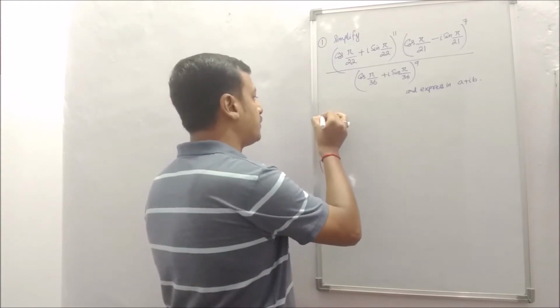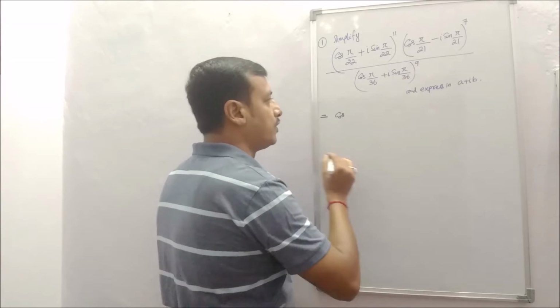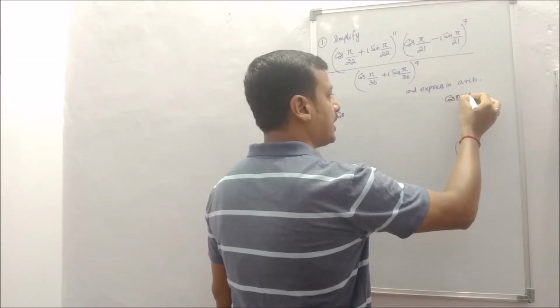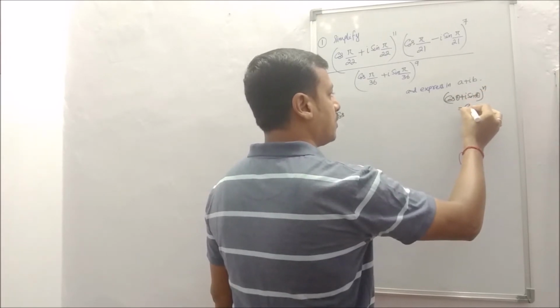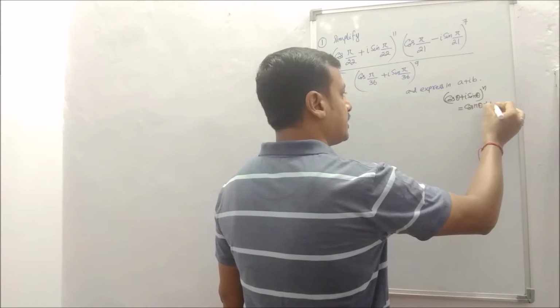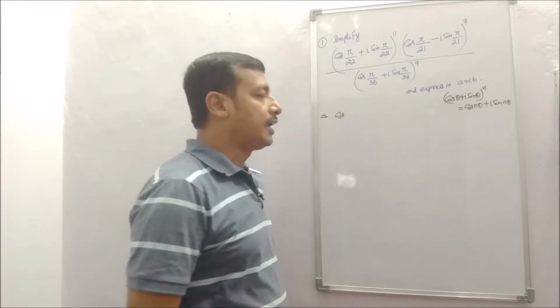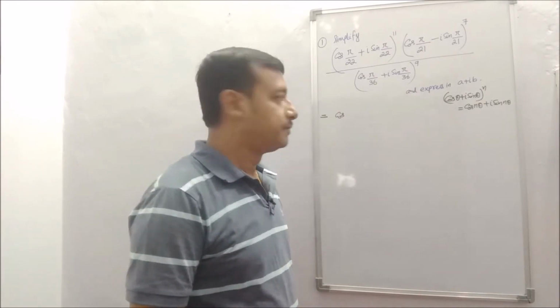So first we have to use De Moivre's theorem. We know that using De Moivre's theorem, (cos θ + i sin θ)^n is equal to cos nθ + i sin nθ, where n can be positive, negative or fraction.